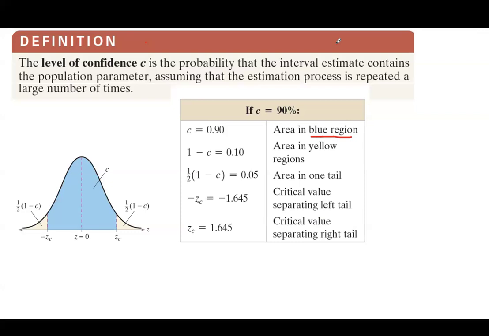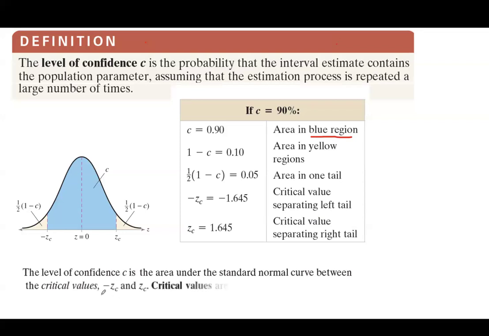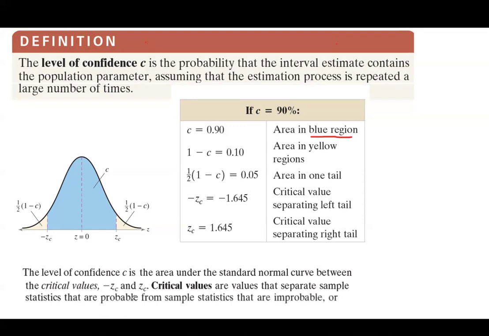Eventually, you're going to use your calculator to find these z-scores. The level of confidence c is the area under the standard normal curve between the critical values, negative zc and positive zc. Critical values are values that separate sample statistics, like p hat, that are probable from sample statistics that are improbable or unusual.